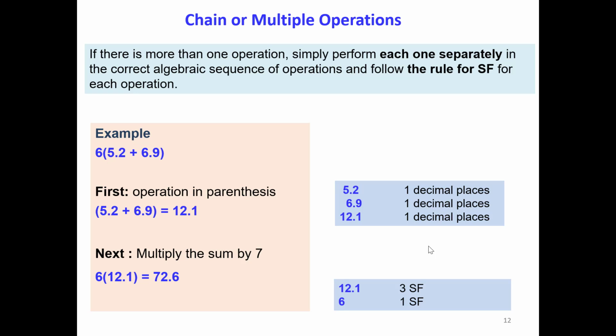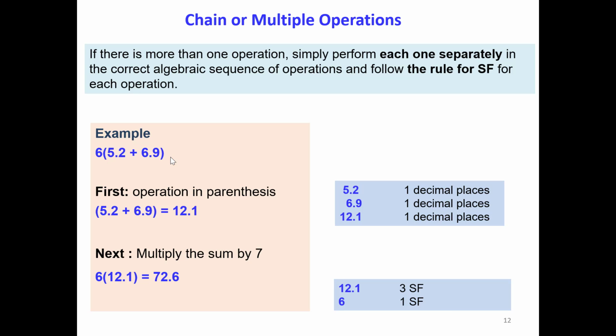The next thing we want to discuss is the chain of multiple operations in which we need to take into account the rules of the significant figures. If we have multiple operations, we will solve each operation separately, and we need to follow the order of operations.